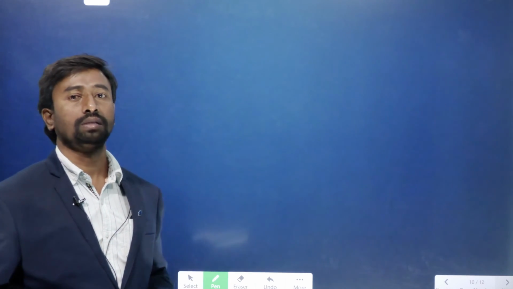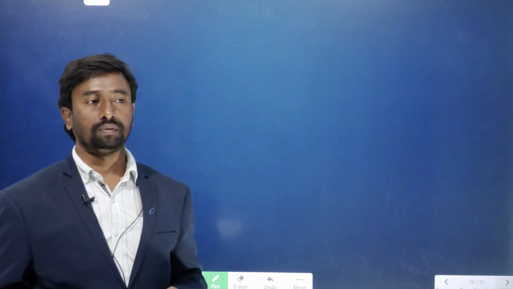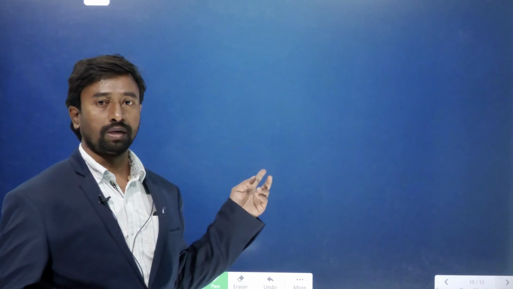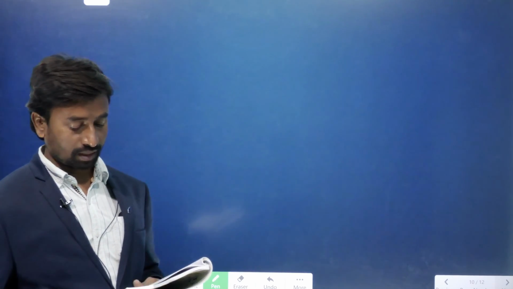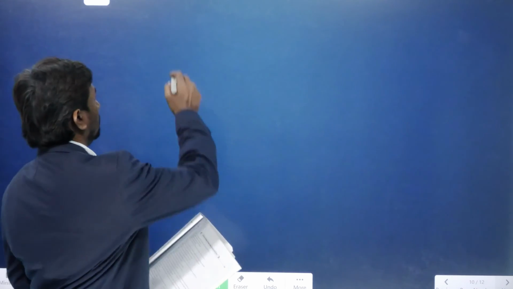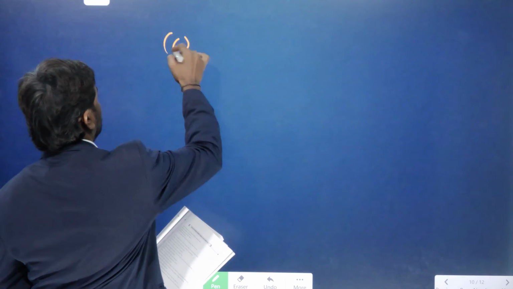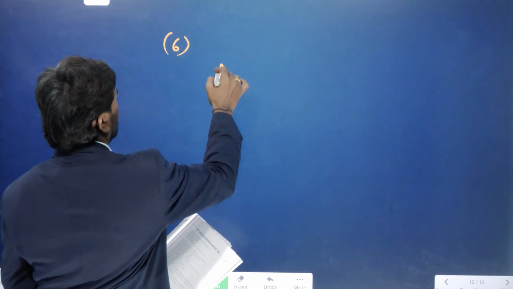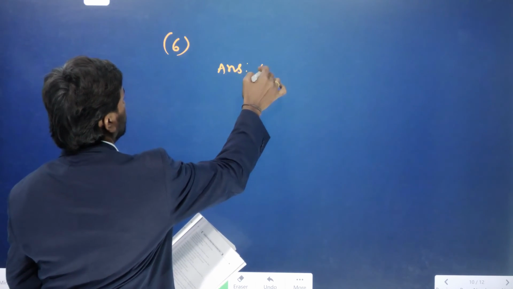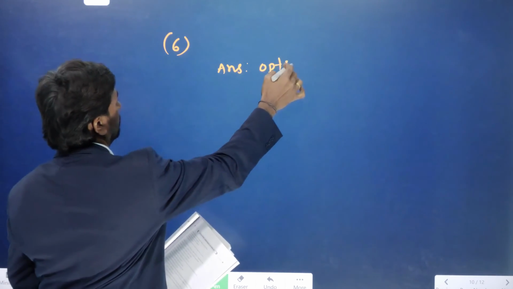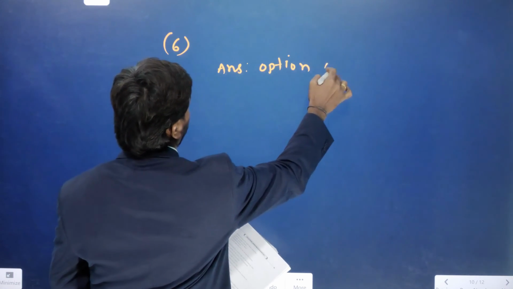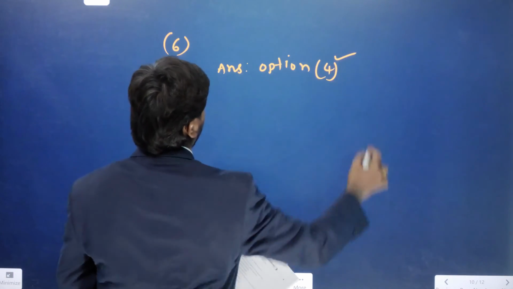We know the center of mass depends on the distribution of mass. So if the distribution of mass changes, meaning the shape changes, then the center of mass will change. So the correct answer for the sixth one is option 4, all of the above. Option 4, all of these are correct.